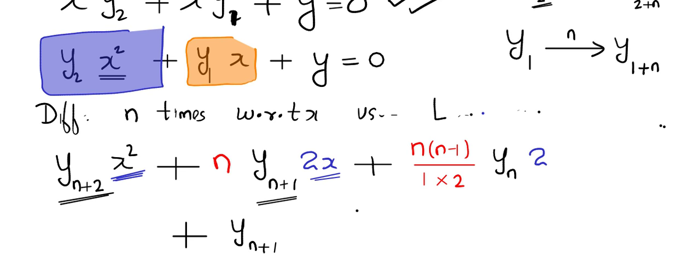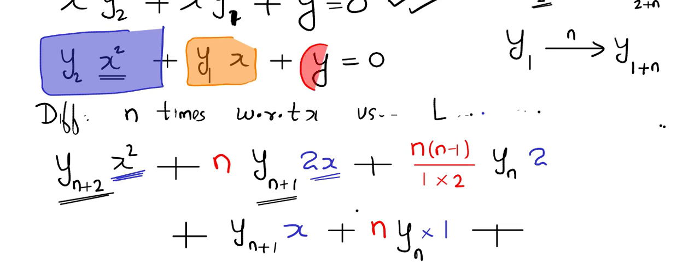And I have to write the second function as such. Plus, what should I write next? N. Now I reduce 1 from here and I differentiate the second function. Oh wow, the second function became a constant. Stop.